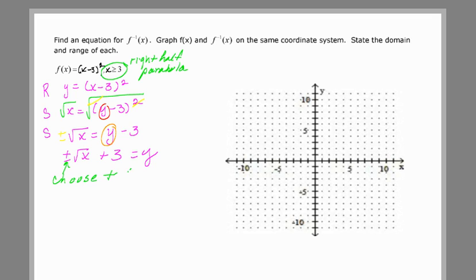We're going to choose the plus because we have the right side of a parabola.